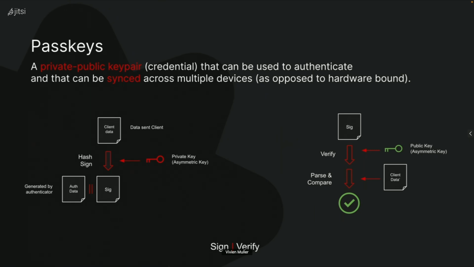It's not always there, but the client can request this data to be there. Then to verify that signature, we take the public key that was registered during the initial setup, we verify that the signature is valid, and we compare the client data with the original client data, for example the RPID, that sort of thing.